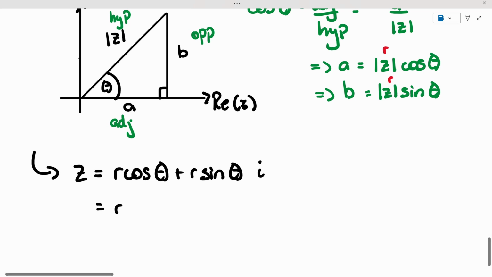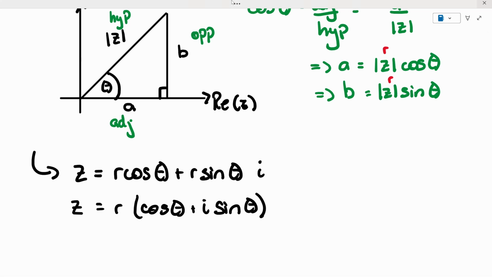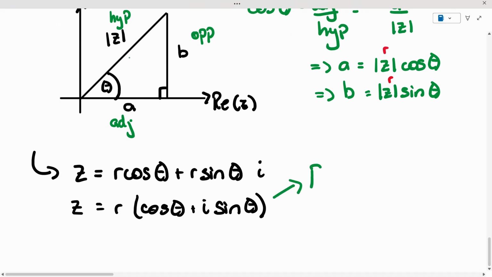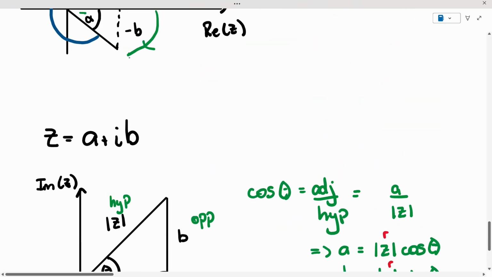So if we factor out the r, we get z is equal to r times cos theta plus i sine theta. And this is called the polar form of a complex number. Right? This is the polar form of the complex number. And this is the rectangular or Cartesian form of the complex number.